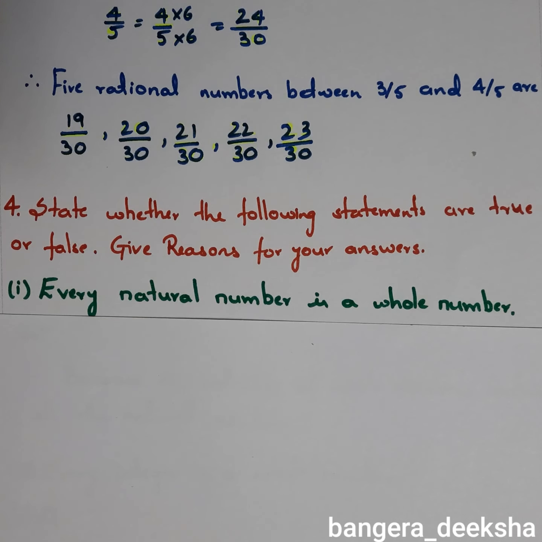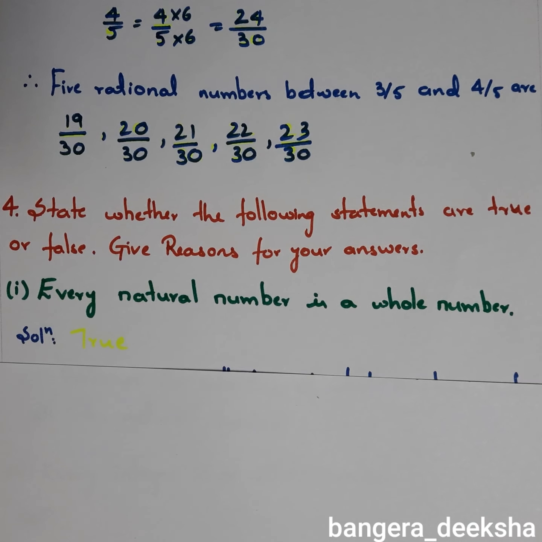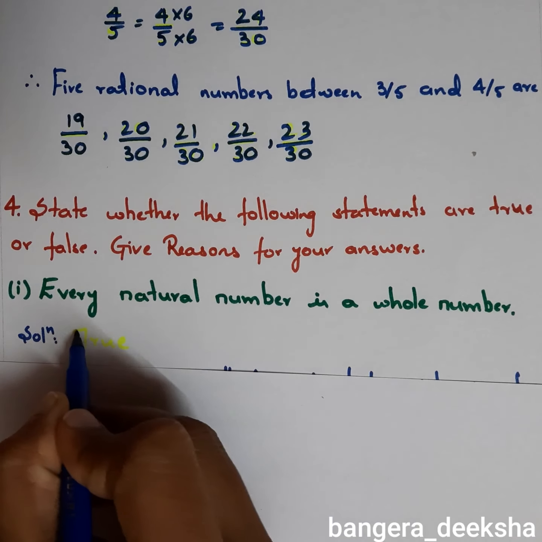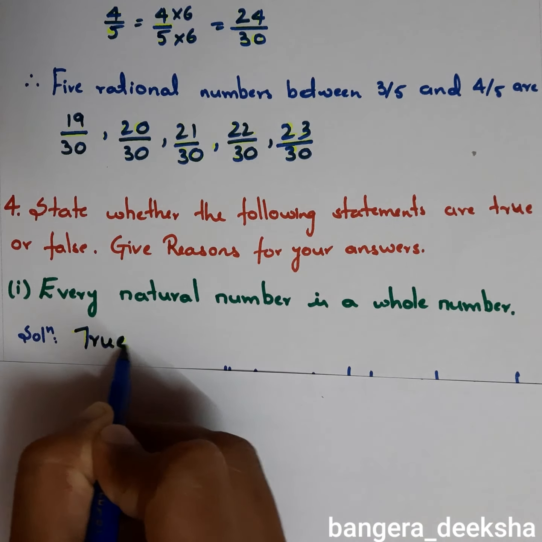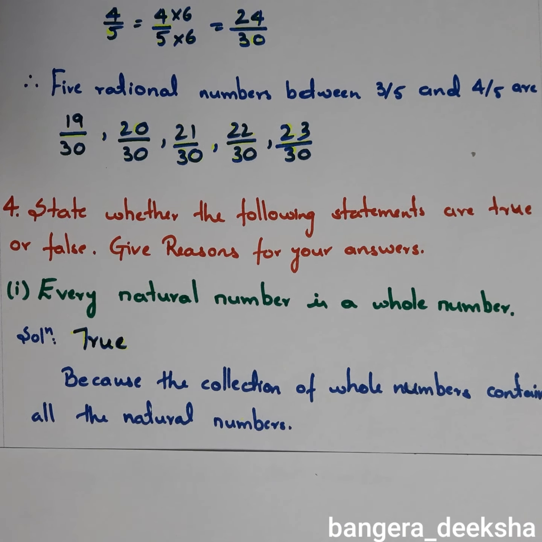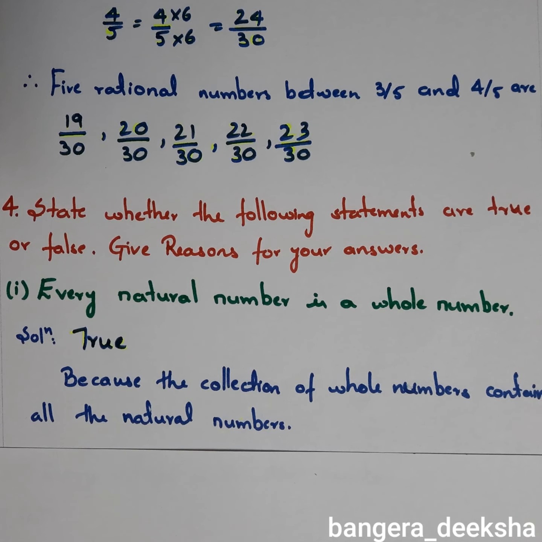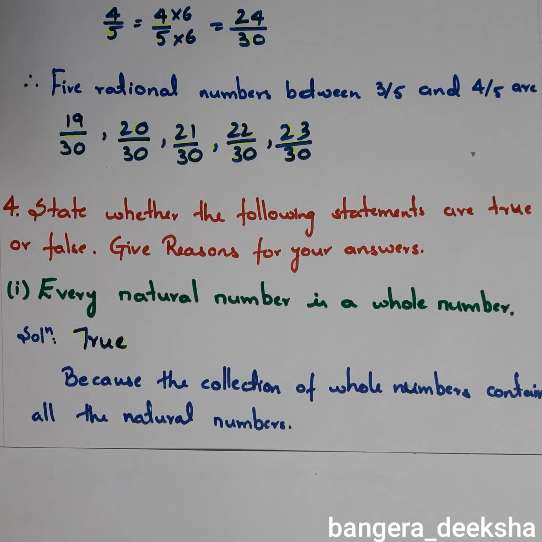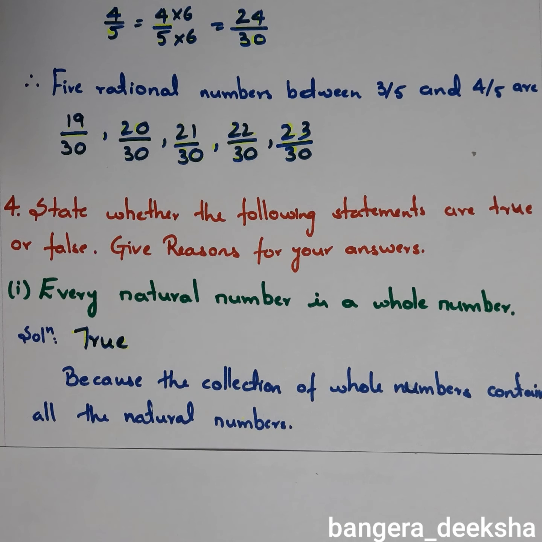So the numbers 1 to infinity are included in whole numbers. So our statement is true, and the reason is that the collection of whole numbers contains all the natural numbers.